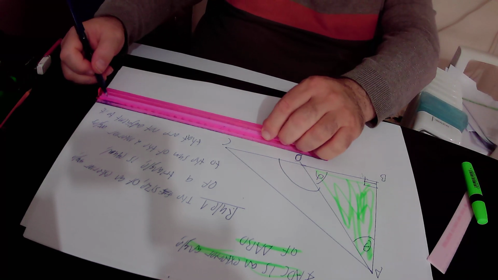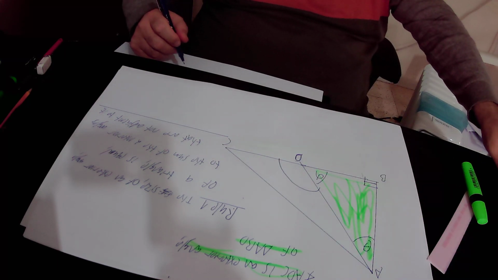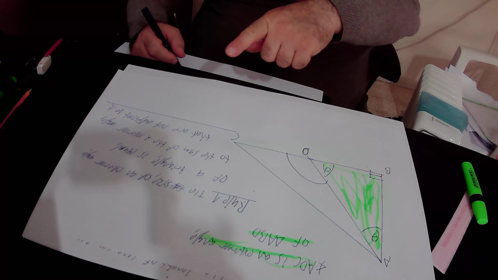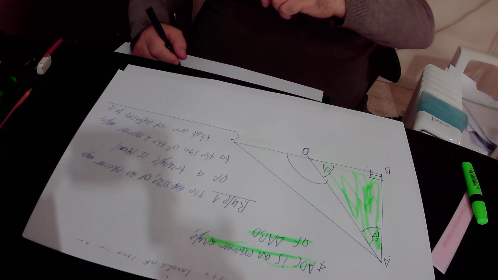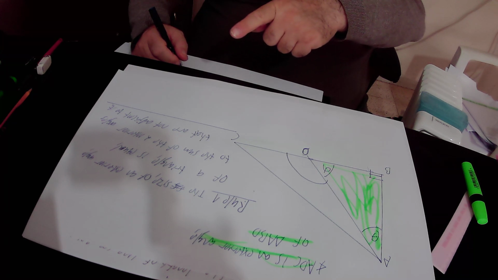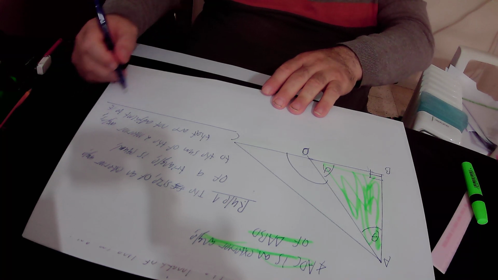So I read rule number one again. According to rule number one, the size of an exterior angle of a triangle is equal to the sum of the two interior angles that are not adjacent to it.